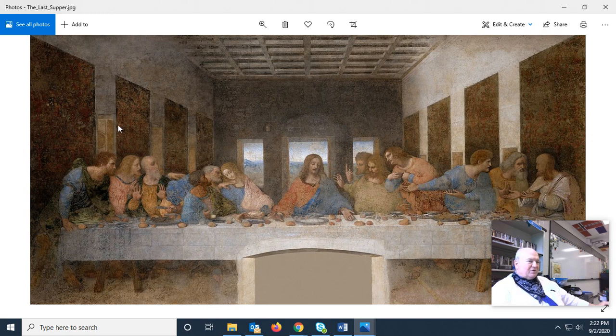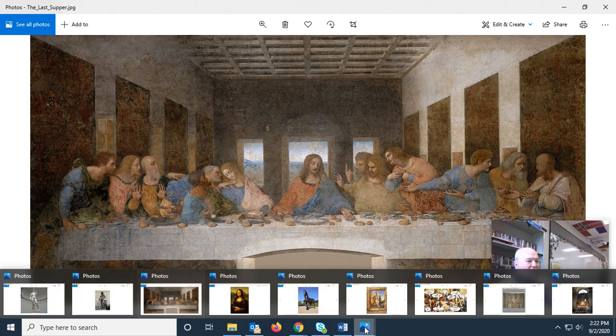The walls here. What the artist does, he creates straight lines in the picture that head towards the center and creates what is called the vanishing point. In this picture, the vanishing point is right above the head of Jesus. If you were here, I would take you out in the hall and show you the vanishing point. And let me see. Well, I guess I didn't put it there.